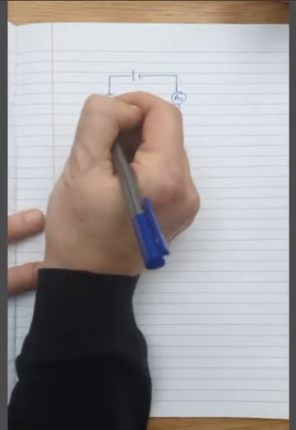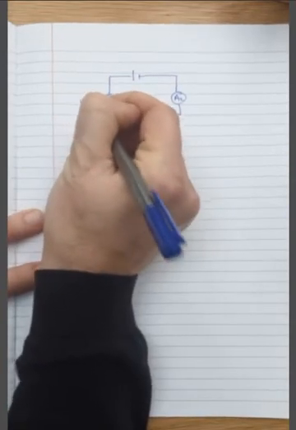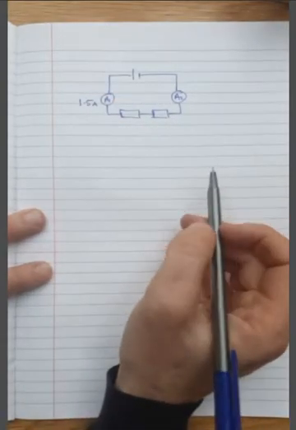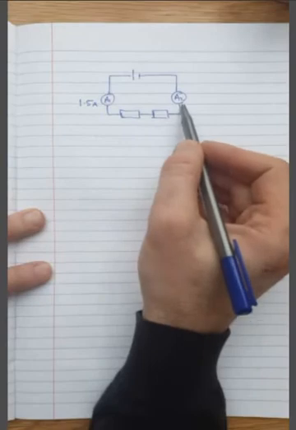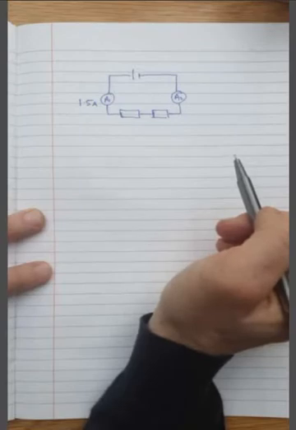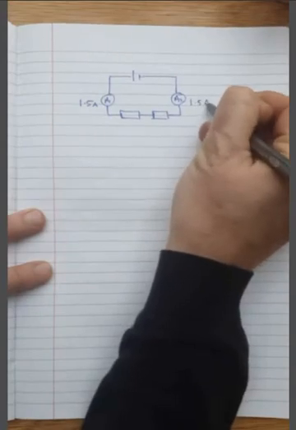So if I tell you that the reading of ammeter number 1 is 1.5 amps, I want you to predict and write down what you think the reading would be in ammeter 2. What you should have said is that it will be 1.5 amps.